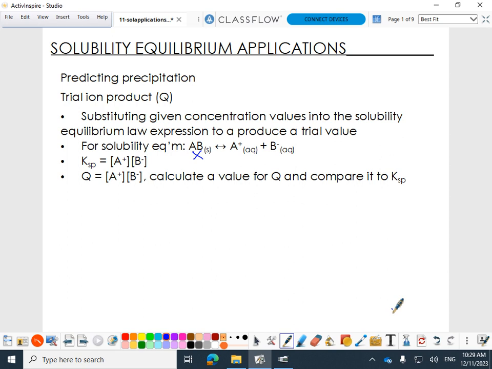So, just like last time, we're going to substitute given concentration values into the solubility equilibrium law expression to produce a trial value. We're going to input the concentrations, calculate a value for Q, and compare it to the given KSP.